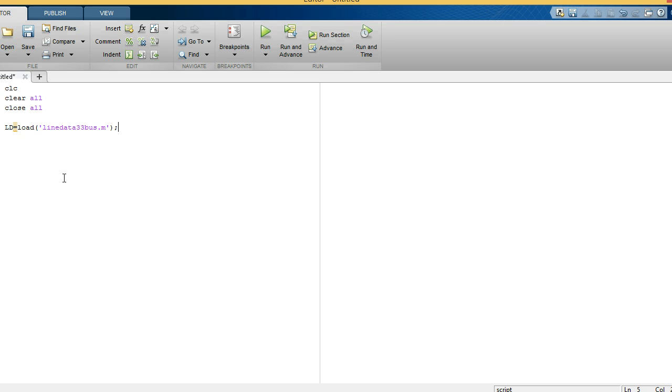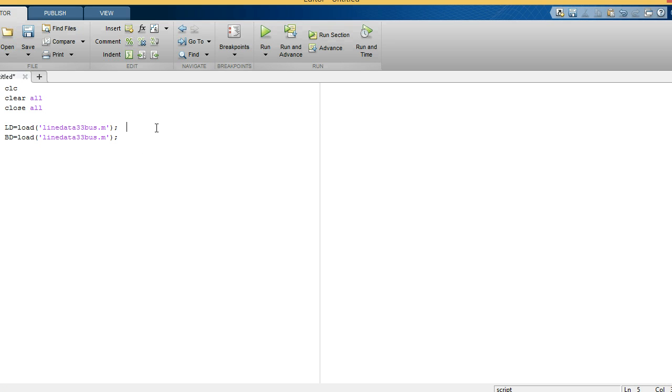We are also going to load our bus data. Bus data means the apparent power that each load absorbs from the system, and this is defined by BD, which stands for bus data.